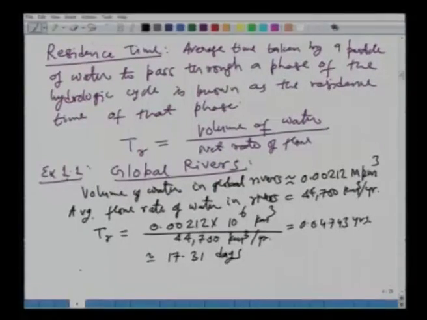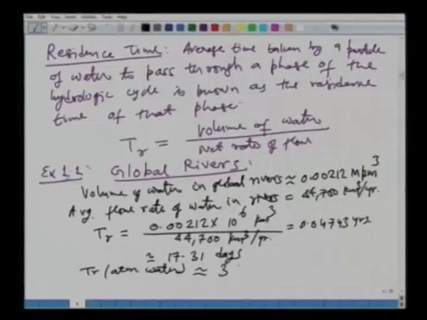How this number is useful? We can compare the residence time, for example, for atmospheric water. If we find it out using the United Nations approximations of total volume of water in the atmosphere and the average flow rate, that is precipitation or condensation, it comes out approximately about 3 days. Okay. So, in the atmosphere the water spends about 3 days, and in the rivers it spends about 17 days.